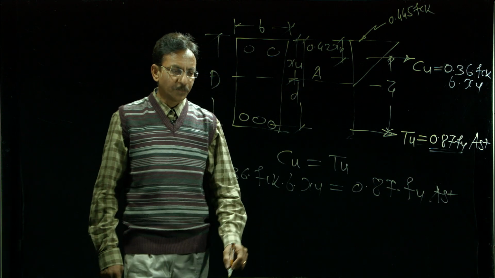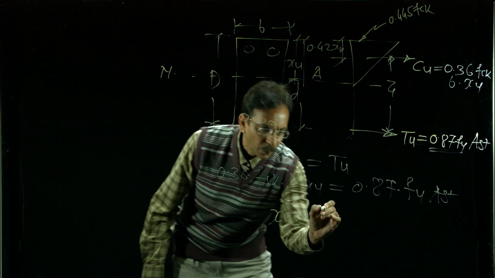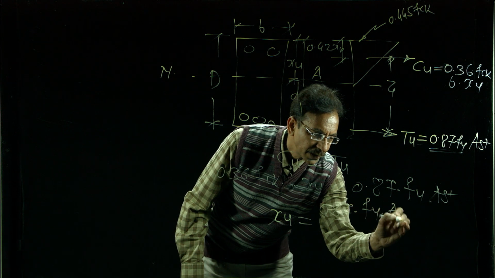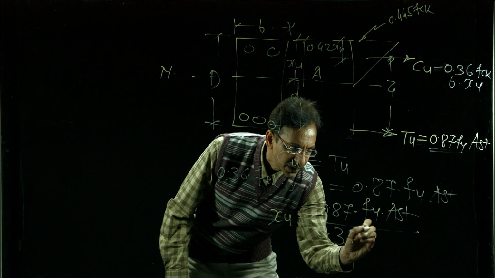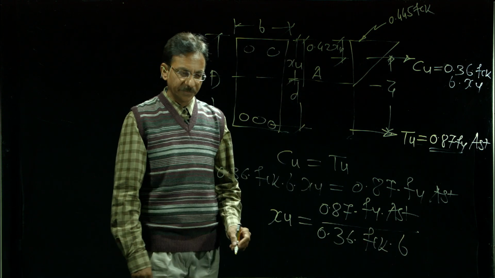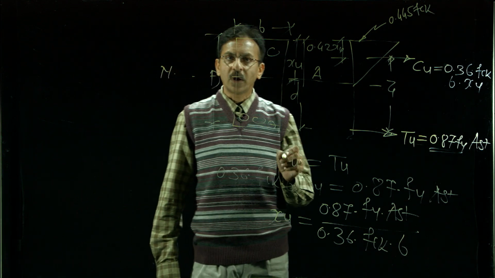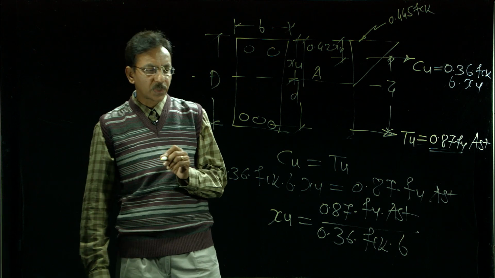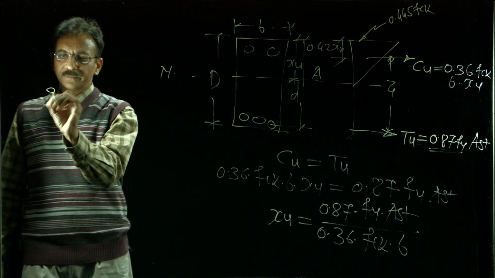From this you will get the position of the neutral axis. So, xu equals 0.87 fy times the total area of steel divided by 0.36 fck times the width of the beam, that is b. This is nothing but the actual position of the neutral axis. Then, as per IS 456-2000, the calculation of xu limit.